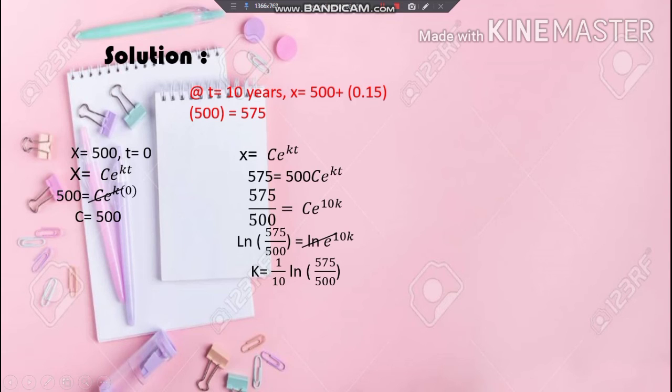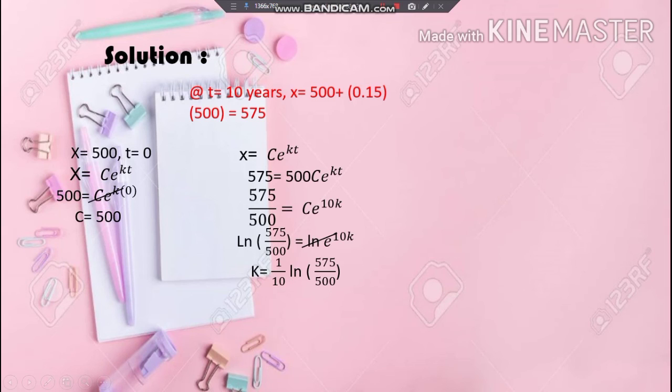So now let's substitute into the general solution. So our x now is 575 is equal to c, which is 500, times e raised to kt. So we divide both sides by 500, so this is the result: 575 over 500 is equal to e raised to 10k.